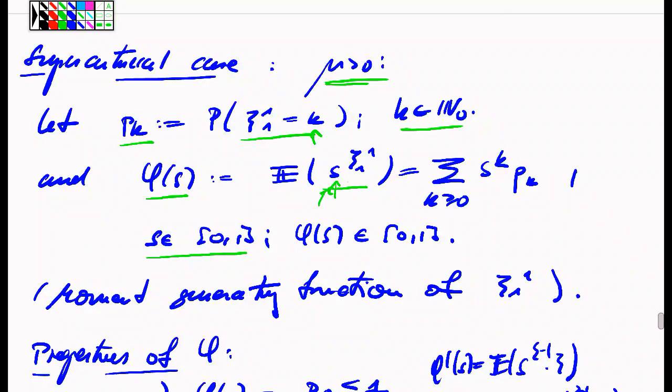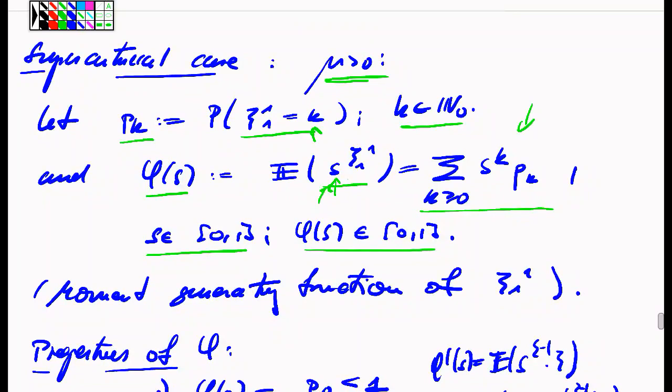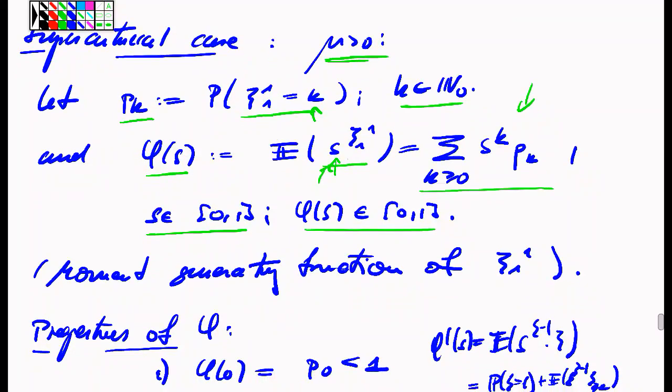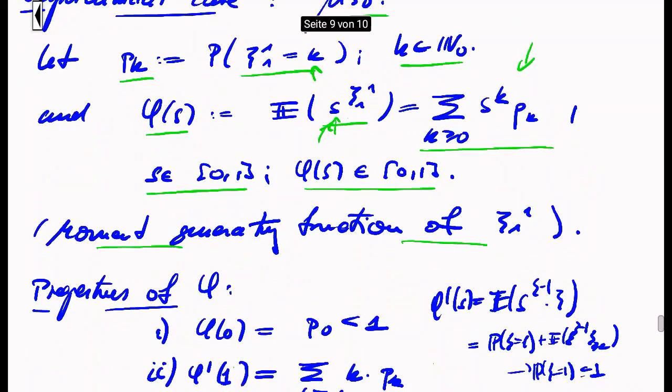This is an integer valued random variable, so this s to the power Xi, when s is a number between 0 and 1, is well defined. And the output of this expectation is a number between 0 and 1. And if we just write out this expected value in terms of the law of the random variable Xi 1,1, we obtain this expression. It's just this sum. This function is called the moment generating function.